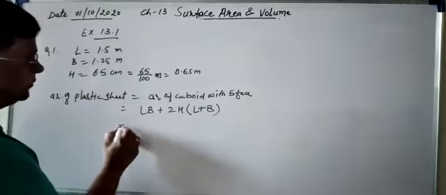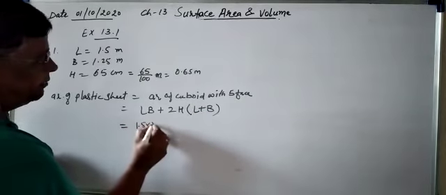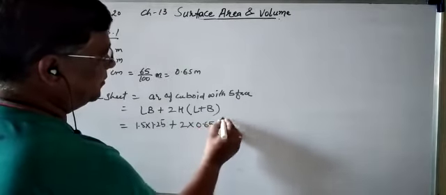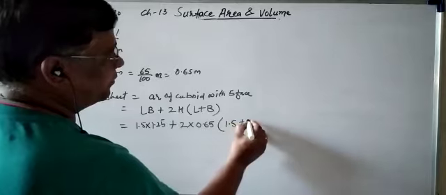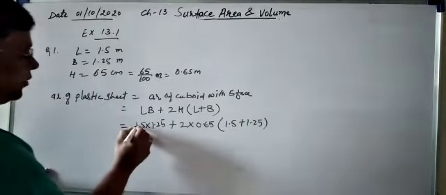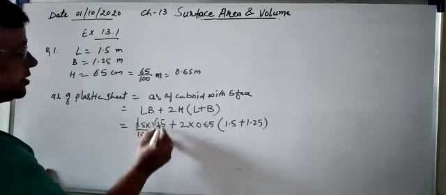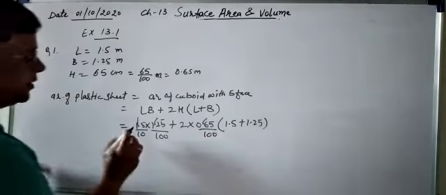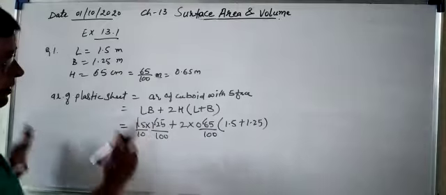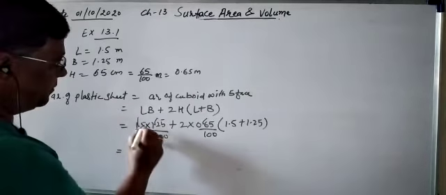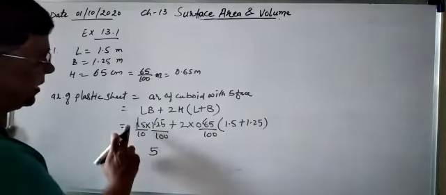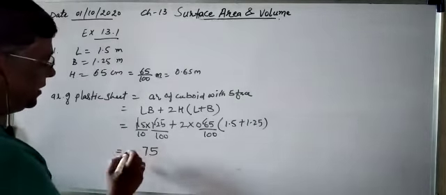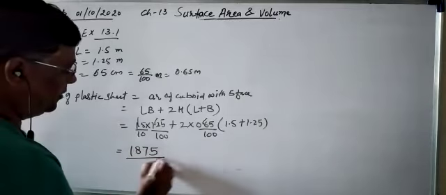So substituting the values, length is 1.5, breadth is 1.25, plus 2 into 0.65 into bracket 1.5 plus 1.25. Remove the decimals. Multiply 15 by 125: 15 fives are 75, 7 carry, 15 twos are 30, 30 and 7 is 37, carry 3, 15 ones are 15 and 3 is 18, upon 1000.